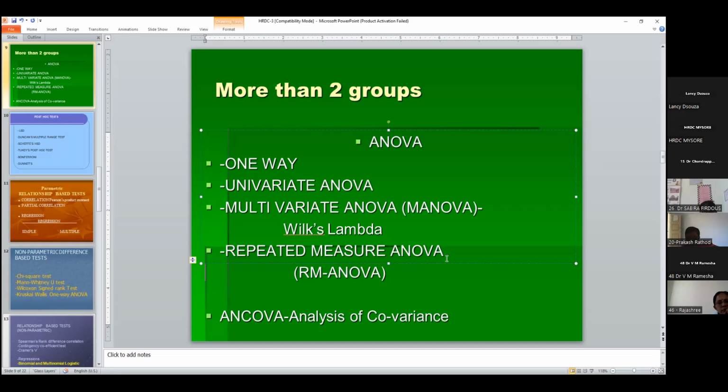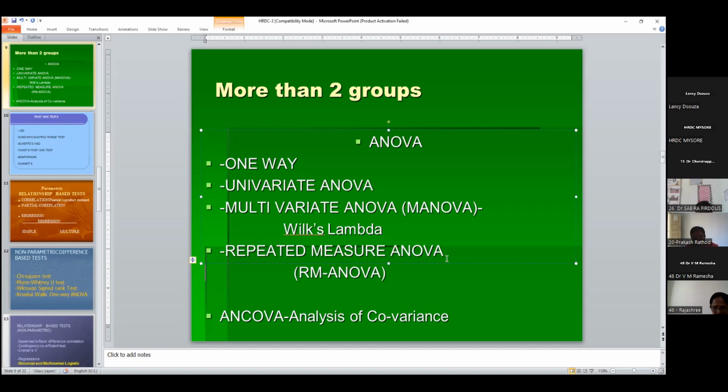Suppose you are thinking of academic achievement as the dependent variable. Now academic achievement will act as the dependent variable against the area, against the gender, and against the age group. So this is where we can go for univariate ANOVA. But in multivariate ANOVA, we make things much more complex, where in MANOVA we use several independent variables versus several dependent variables.